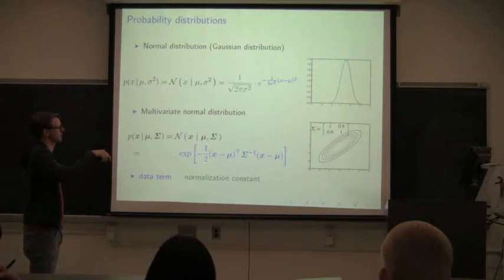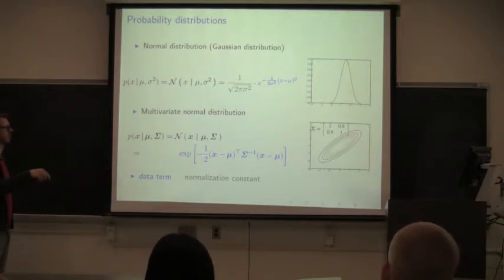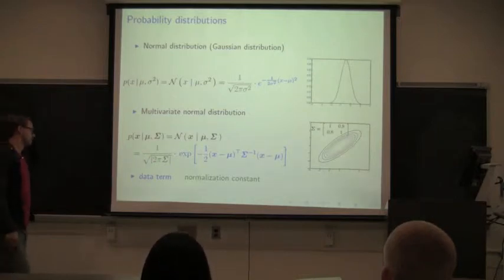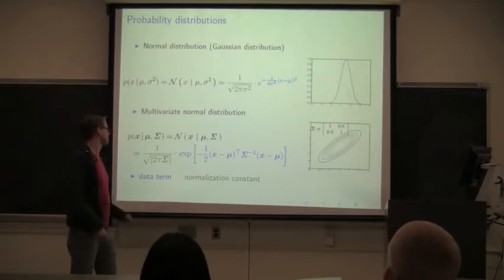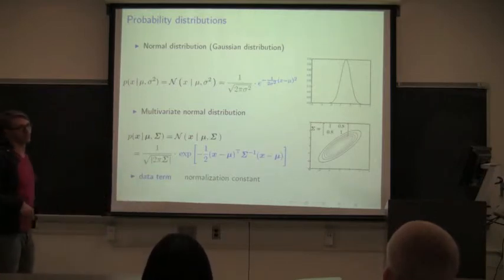Instead of a sum of squares, we now have a squared form, so think of it just as a square for vectors. And the normalizing constant now contains the determinant of the covariance instead of just the variance.